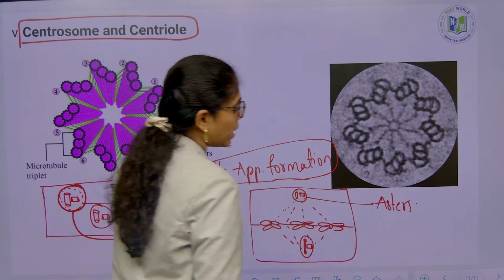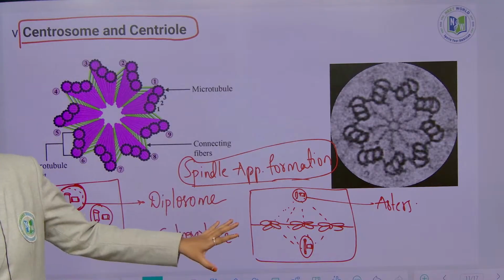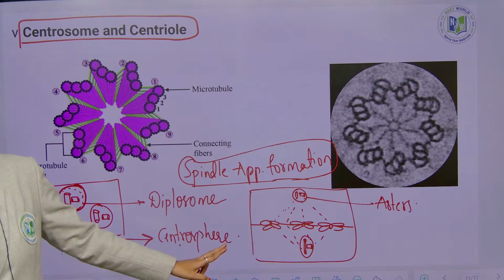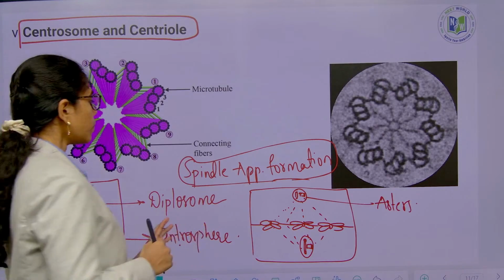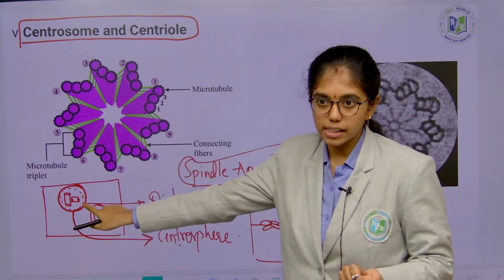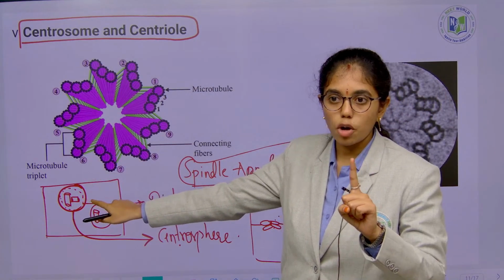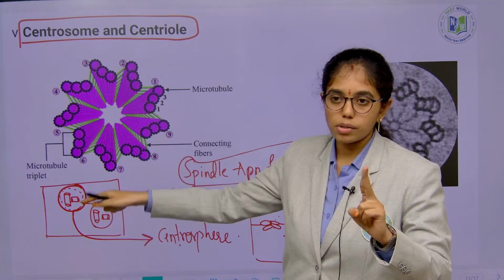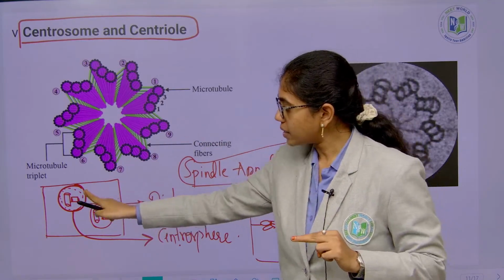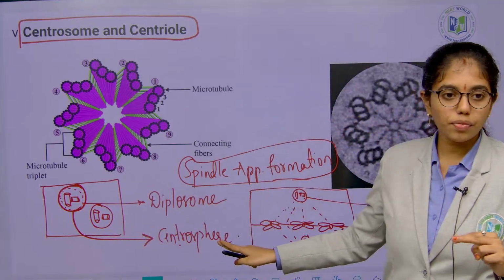As the centriole's major function is formation of spindle apparatus, if I tell this, you will remember that easily. So I am telling you this again. What have we discussed? Centrioles are present inside the centrosome. One centrosome has how many centrioles? 2 centrioles. Arranged in what way? Perpendicular manner. Centriole duplication happens in which phase?